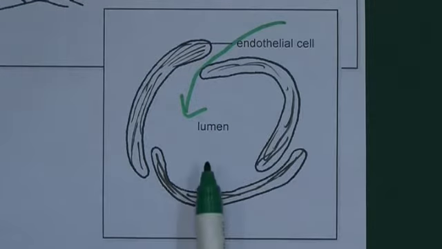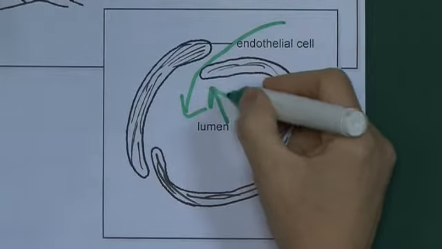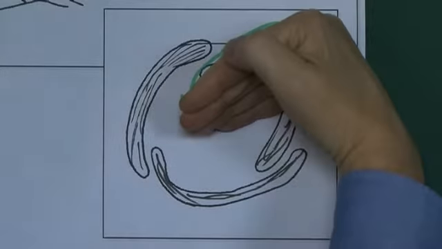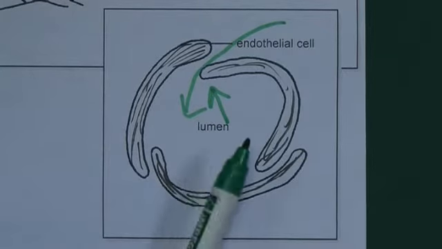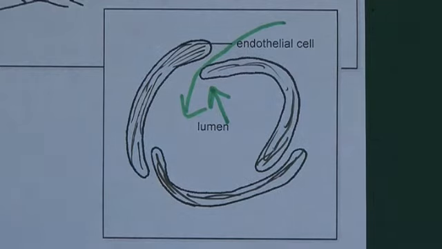But then if the pressure in here increases, as it will do when the endothelial cells contract, the material is going to have the effect of closing that valve. It's going to flap shut. So material gets into the lymphatic capillaries but can't readily get out of the lymphatic capillaries. Overlapping flappy cells with an incomplete basement membrane.